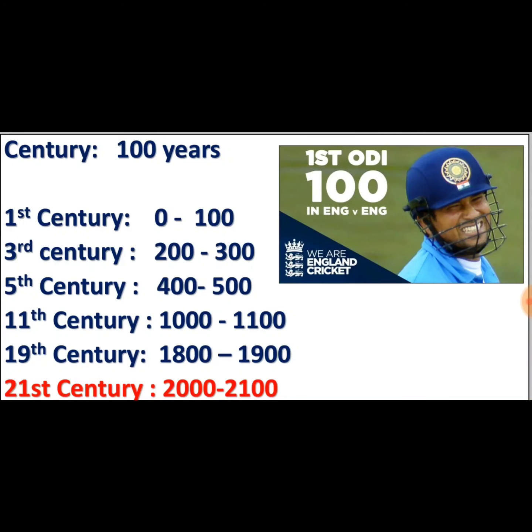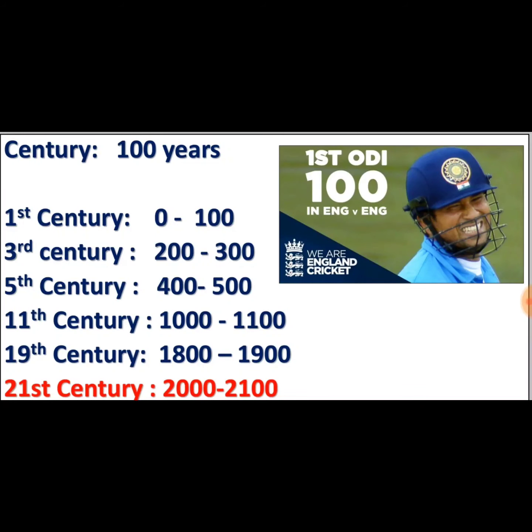Means if the year 249 is going on, then the century would be third. If the year 489 is going on, then the century would be fifth. If the year 1061 is going on, then it would be the 12th century.